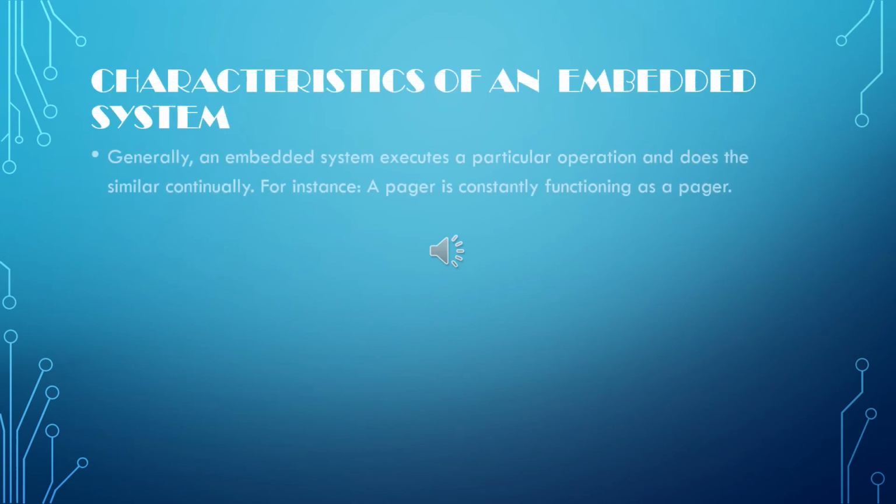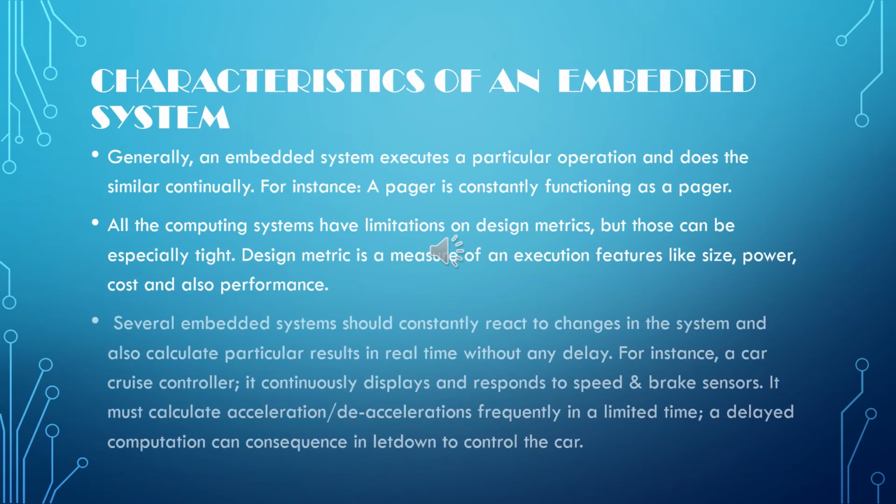Characteristics of an embedded system. Generally, an embedded system executes a particular operation and does the same thing continually. For instance, a pager is constantly functioning as a pager. All computing systems have limitations on design metrics, but those can be especially tight. A design metric is a measure of an implementation feature like size, power, cost and also performance.